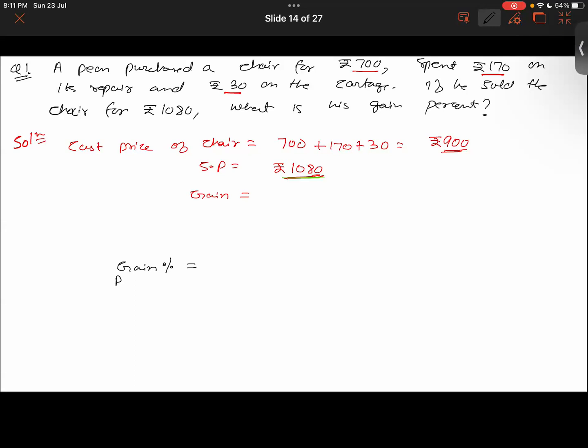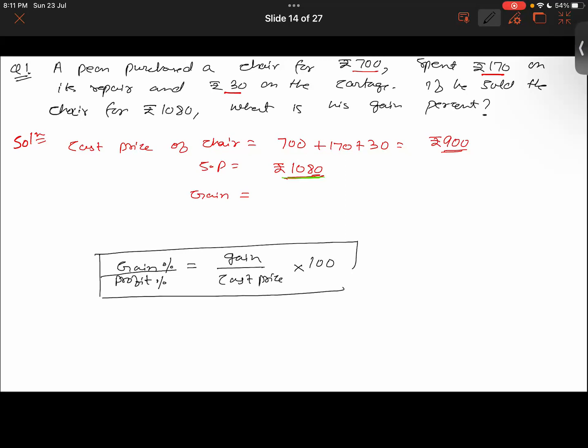Gain percent or profit percent, both are the same thing, don't get confused. The formula is gain upon cost price multiplied by 100. That is the formula we will be using in this question.